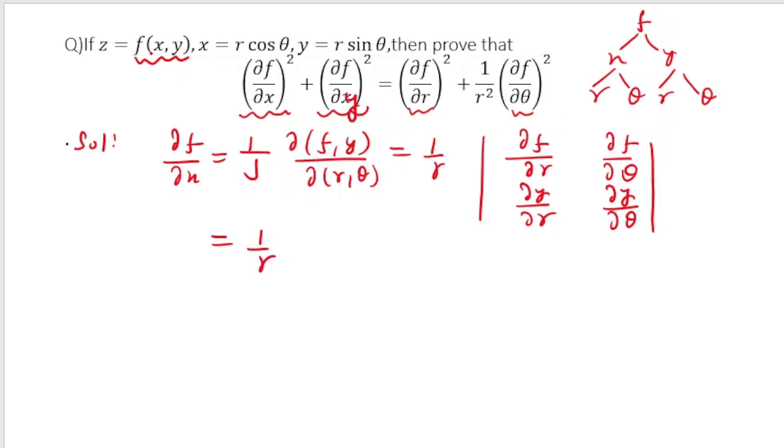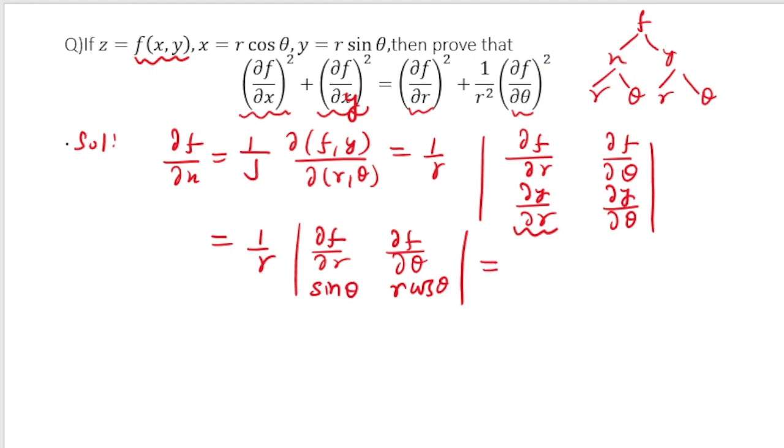I don't know what the function f(x,y) is, so I can't do anything with it and write it as such, ∂f/∂r and ∂f/∂θ. What is ∂y/∂r? Y is equal to r sin θ, so ∂y/∂r is sin θ, and ∂y/∂θ is r cos θ.